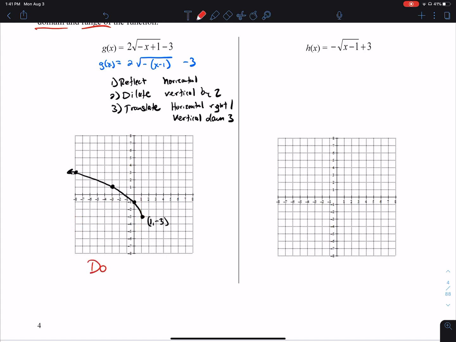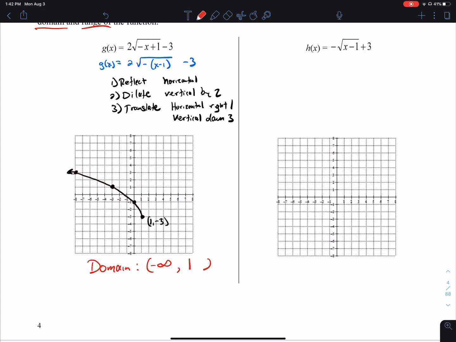So when we write domain, we go small to big. Domain would mean from left to right. So where do we start from the left? We're starting all the way on the left, which is negative infinity. That means go left forever in this context. When do we stop? We stop going to the right when we get to 1.